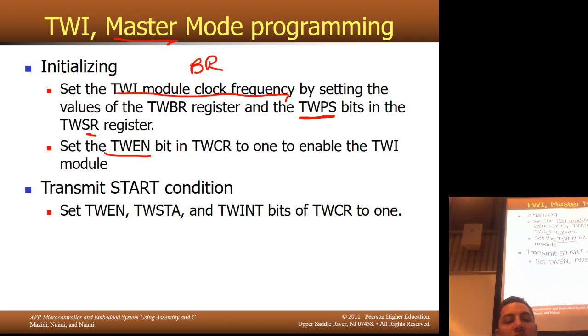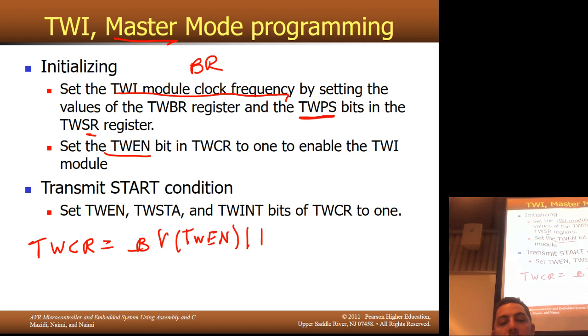To transmit a start condition, you say TWCR equals TWEN ORed with TWSTA ORed with TWINT.